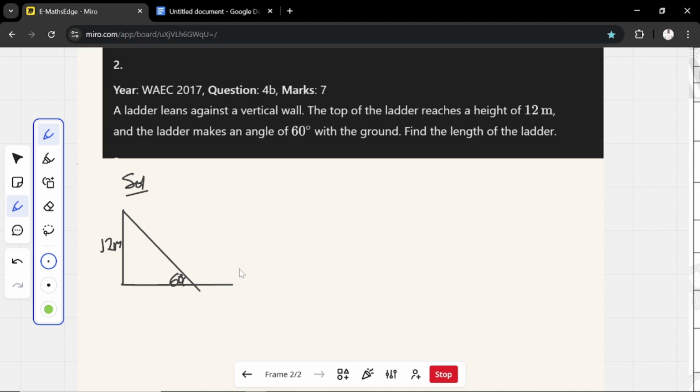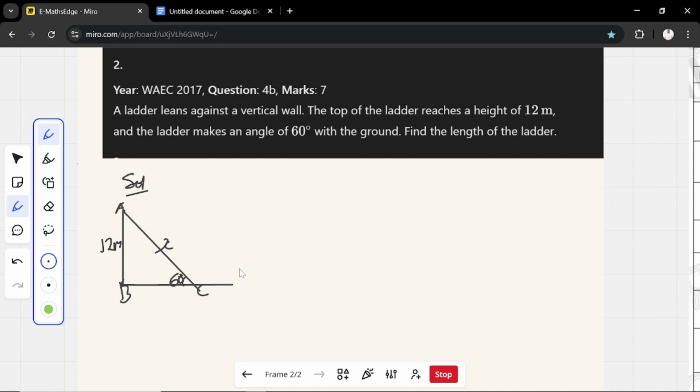The next thing we are asked to do is to find the length of the ladder. So this is the ladder and we are to obtain the length. Let's target x since we don't know the value of the length. Let's name our angles: this is angle A, this is angle B, and this is angle C.